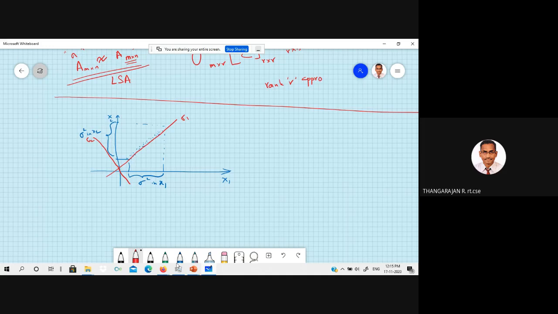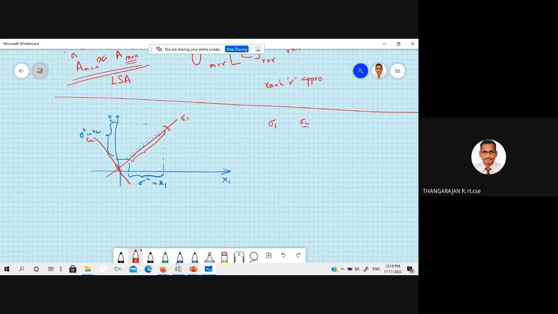Now you find that the variation along sigma 1 is large. This is the variation along sigma 1. But what is the variation along sigma 2? This is a small variation. So that means sigma 1 is dominant and sigma 2 is not dominant.